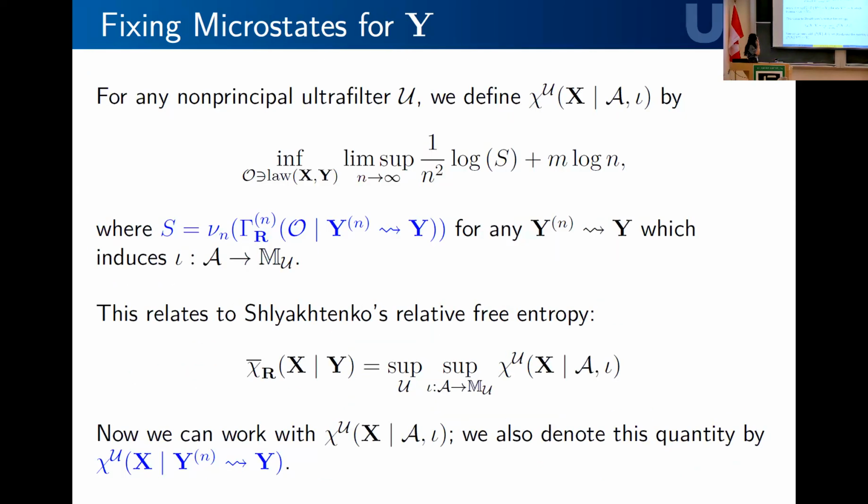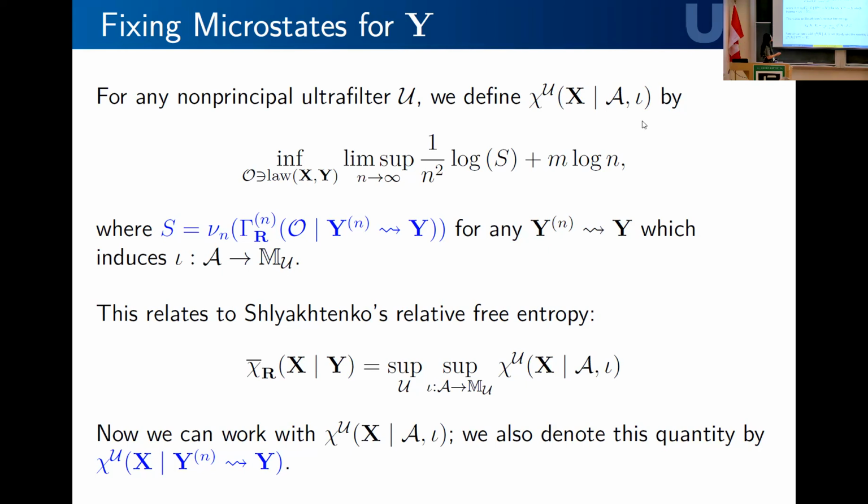Okay, so I copy and paste my definition for the microstates free entropy, and now I throw an ultrafilter on there. Instead of considering the supremum of the Lebesgue measure of the microstate spaces over all microstates yn, I fix some yn converging to y. We prove in the paper that this is independent of the actual choice of these matrix microstates and the actual choice of the generators.